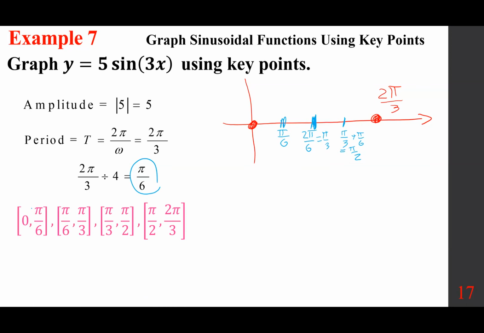Now, starting with 0, plug in 0 here. Sine of 0 is 0, and 5 times that is 0. Let's do pi over 6. I'm going to do a couple of them.